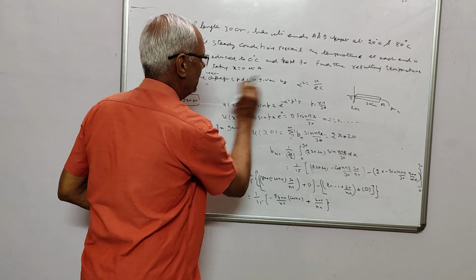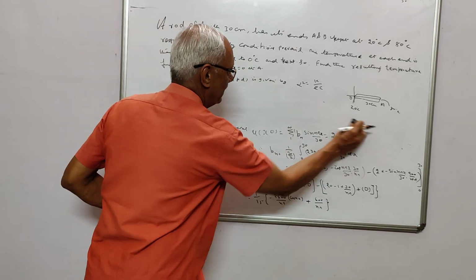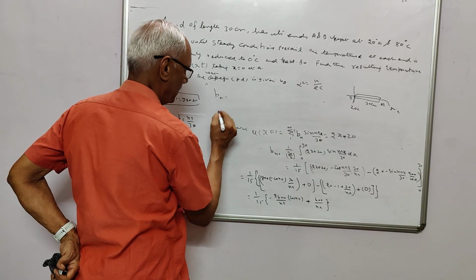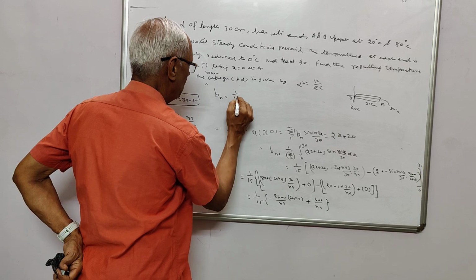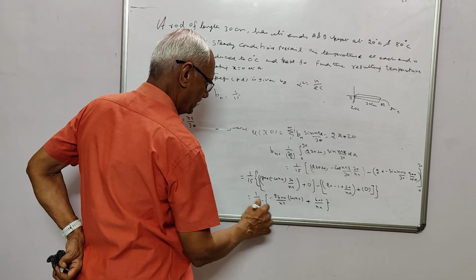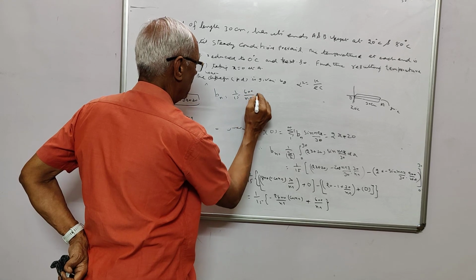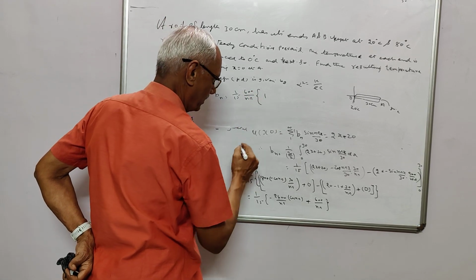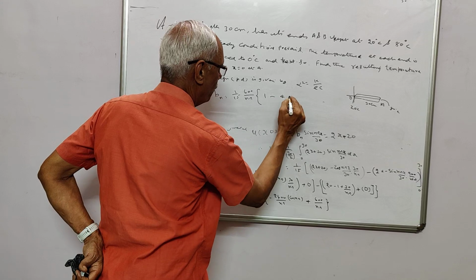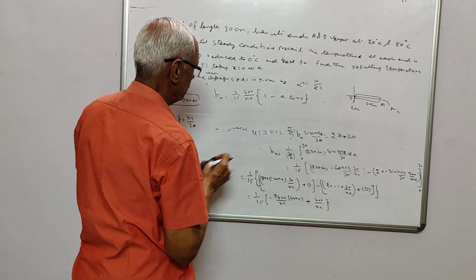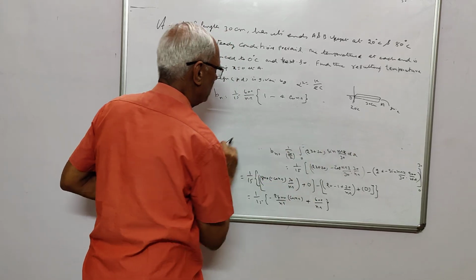Now simplify that. So this b_n is equal to 1 by 15, take this 600 by nπ out, inside the bracket 1 minus 4 cos(nπ). So what is your b_n value?